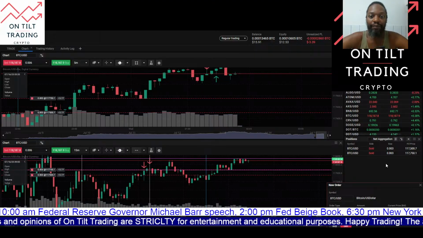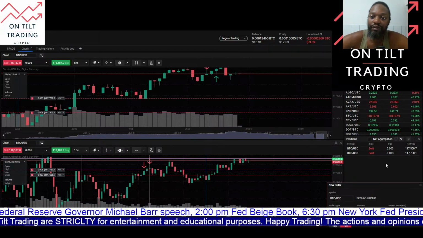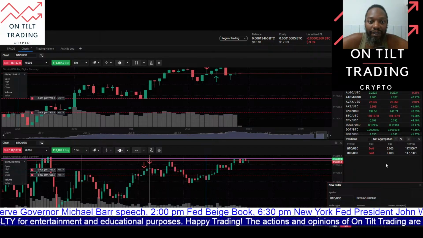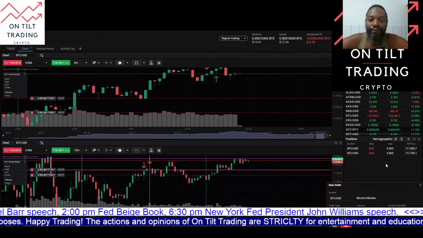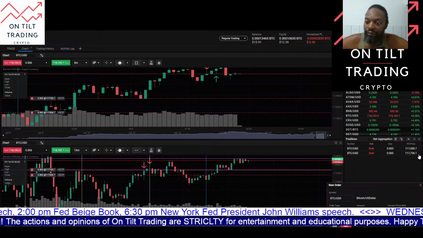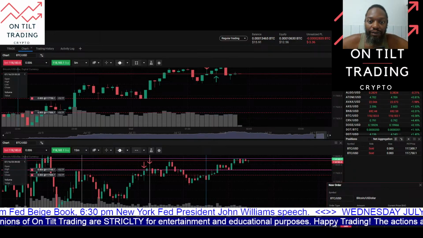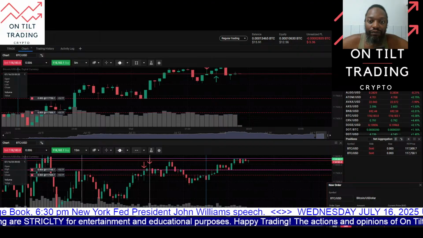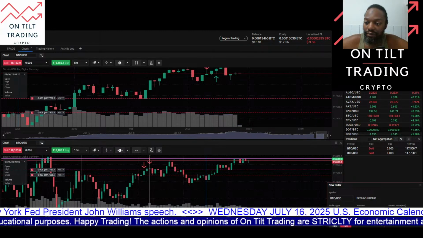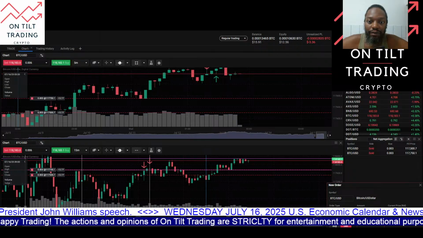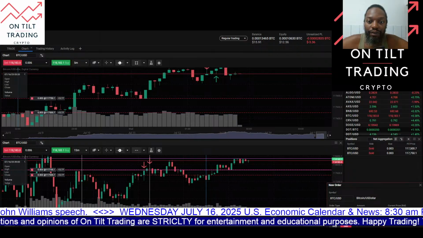That would need to happen: a market structure shift, displacement, fair value gap. And if that were to happen, these two candles here would serve as the order block series of candles right here.